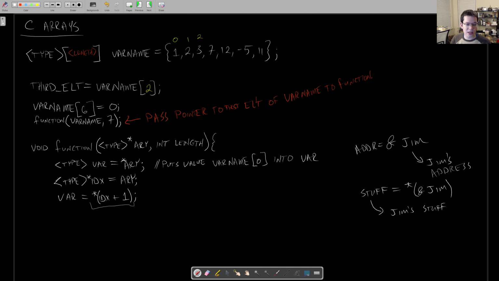As far as I know for a fact you can't pass an array back. So you couldn't do like return some new array. You can't do that for a multitude of reasons. You could, in theory, return the address to a new array.